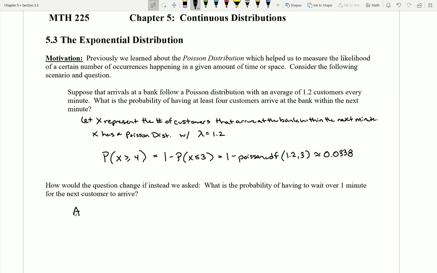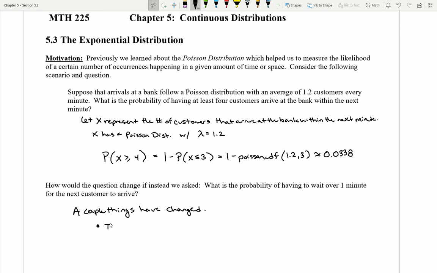I can see right off the bat that a couple things have now been totally transformed by asking this new question. Notice now, am I interested in counting up a number of customers? When I ask, what is the probability of having to wait over a minute, I'm not really interested in counting up customers.